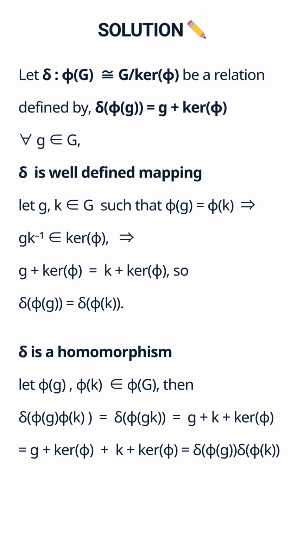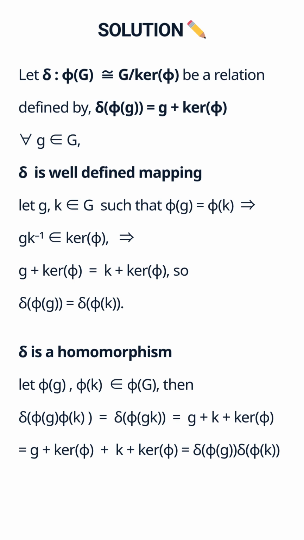Now to show that delta is a homomorphism, let phi G and phi K be elements of the image of phi. Then the image of phi G times phi K under the mapping delta equals the image of phi GK under the mapping delta, since phi is a group homomorphism.